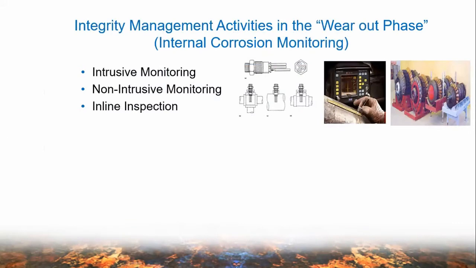Commonly used internal corrosion monitoring techniques are intrusive monitoring, that is use of corrosion coupons, and non-intrusive monitoring, for example, ultrasonic inspection, UT inspection, and of course, ILI, inline inspection.